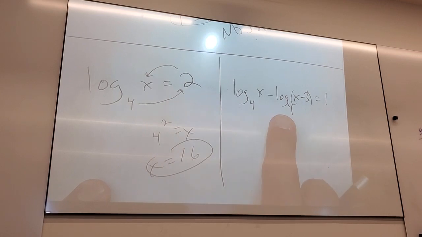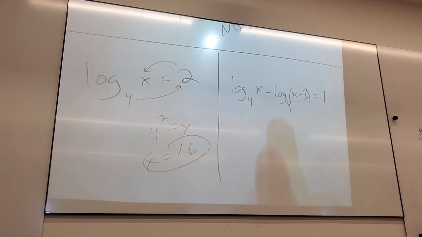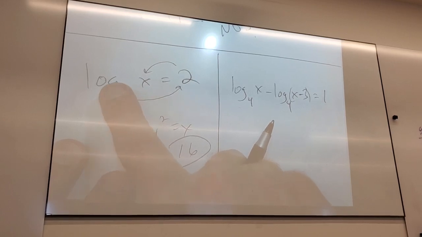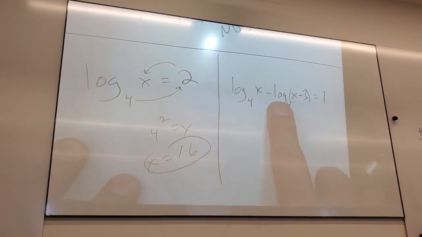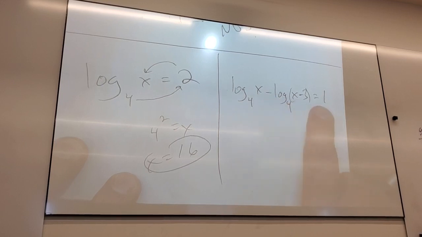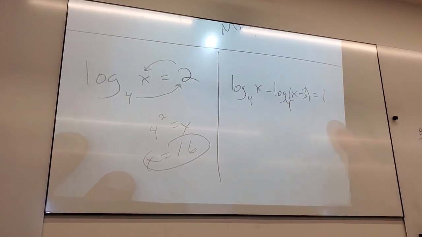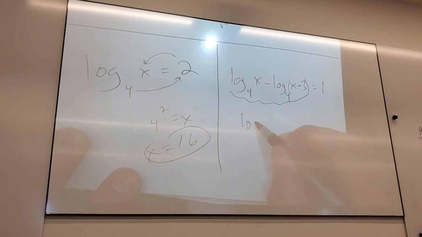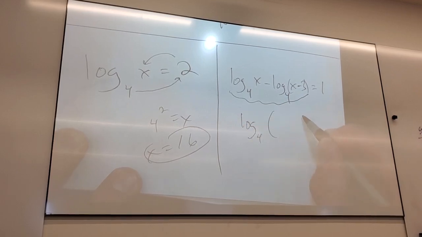Why is it different? 2 logs, right? That's a quick way to answer my question. It's 2 logs, Jeff. So this one was easy because I know how to rewrite log equals number. I have no way to rewrite difference of logs equals number. But how can I rewrite difference of logs? Good. So what will be on the inside?